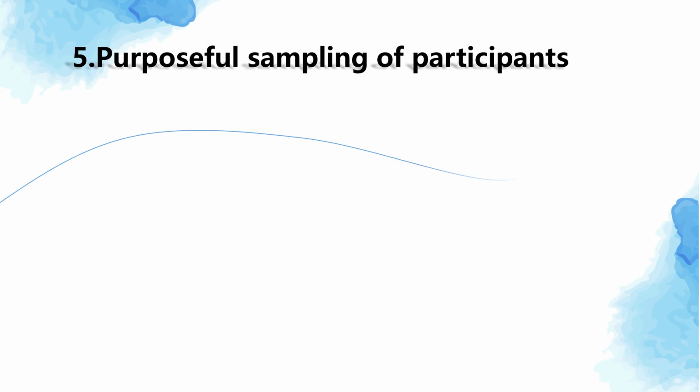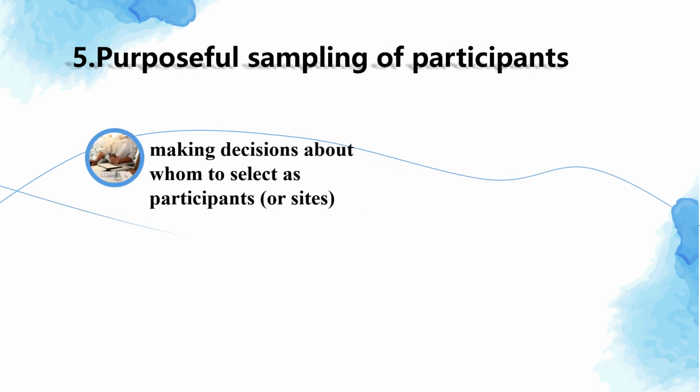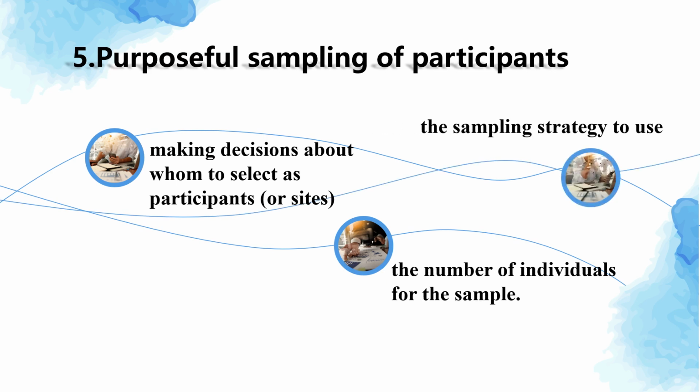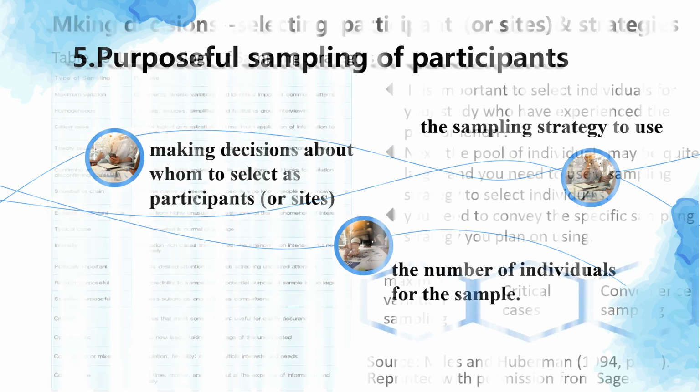5. Purposeful sampling. Purposeful sampling is the process of selecting participants for a qualitative project by recruiting individuals who can help inform the central phenomenon in a study. It involves three components: making decisions about whom to select as participants, the sampling strategy to use, and the number of individuals for the sample.